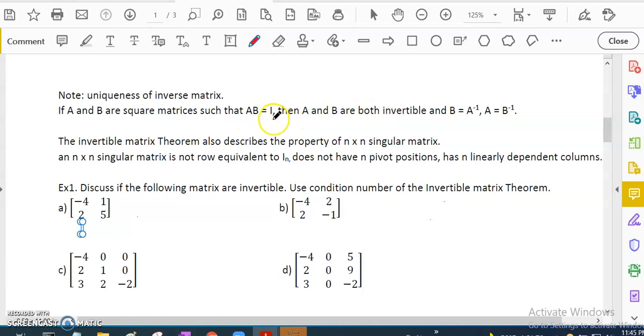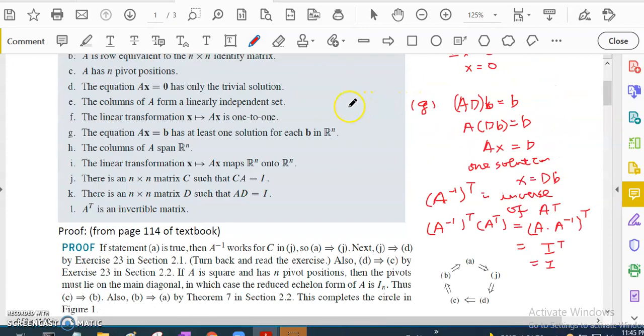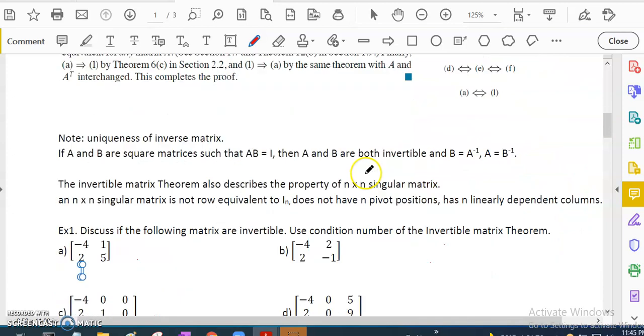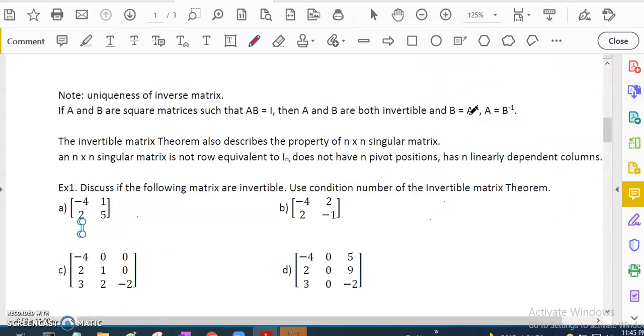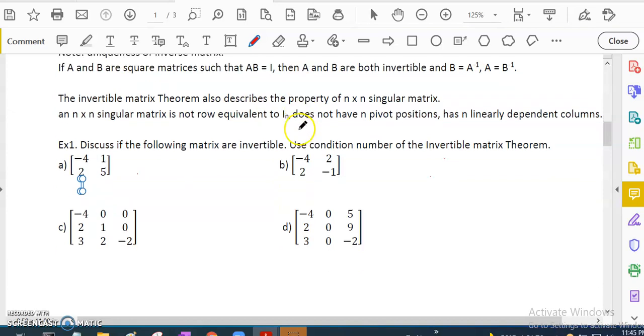So from the statement that we have, you can find CA equal to I or AD equal to I, and both of these are the same A inverse. And if you can find the inverse, it must be unique also. So this is the uniqueness of the inverse matrix. You can prove it by using the IMT also.